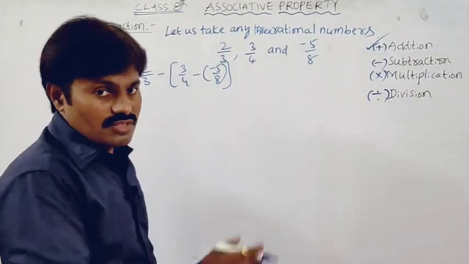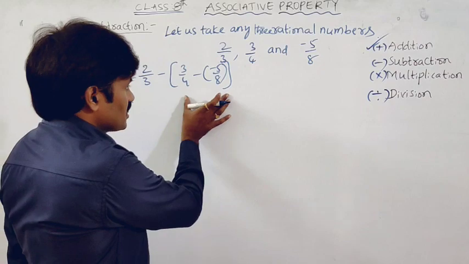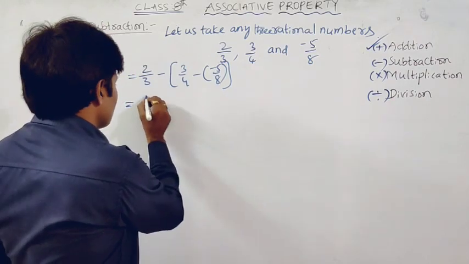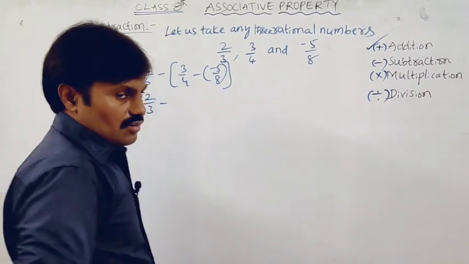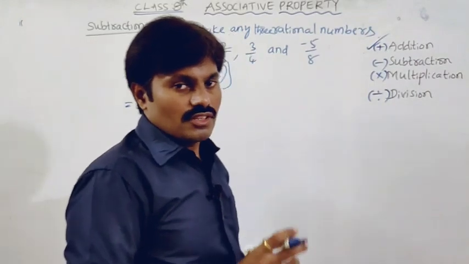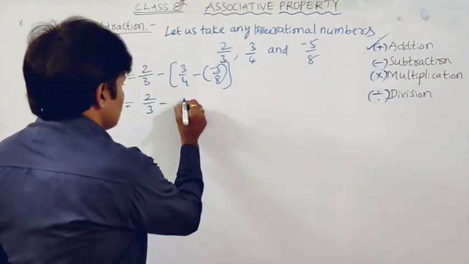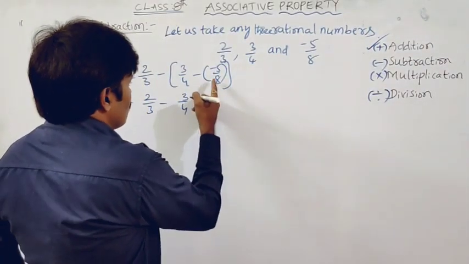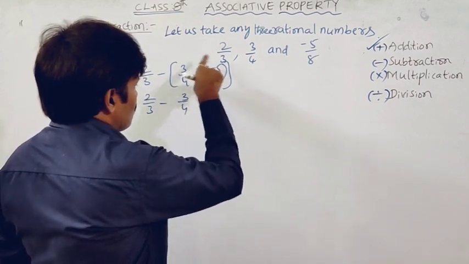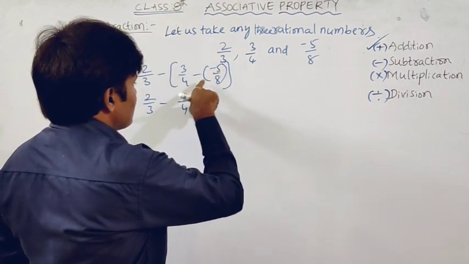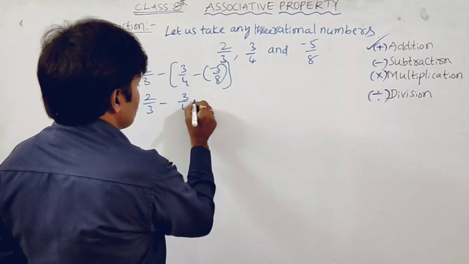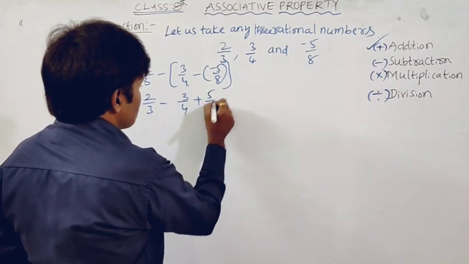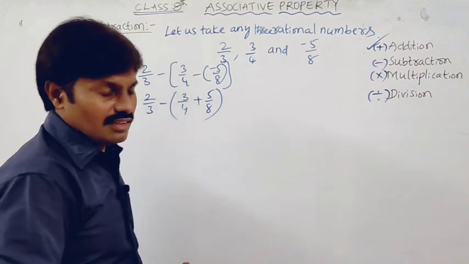Now according to BODMAS, we have to open the brackets first. The expression in the bracket is 3 by 4 minus of minus, plus 5 by 8. Clear?